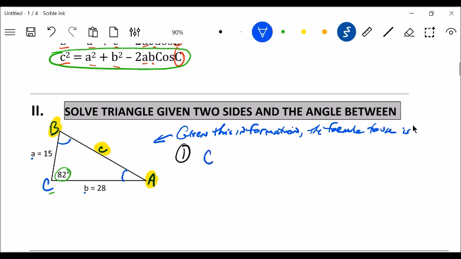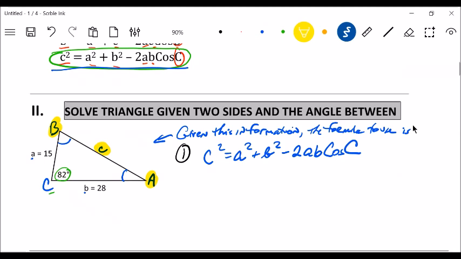C squared equals A squared plus B squared minus 2AB times the cosine of angle C. This one right here. And we can do that because we don't know what C is, but we know what A is and B is.